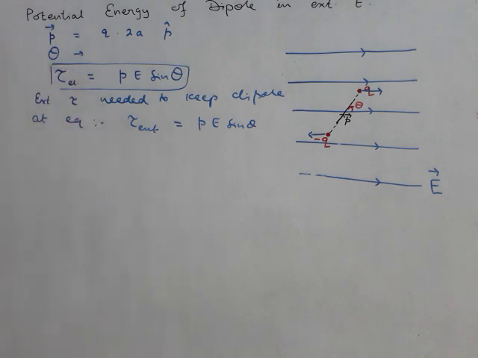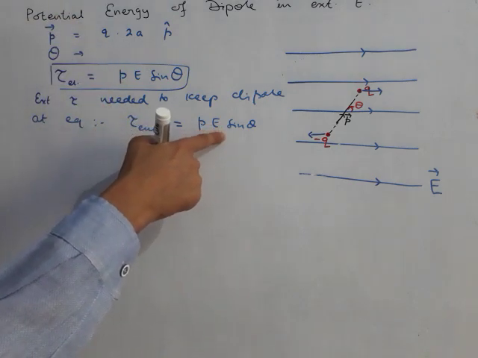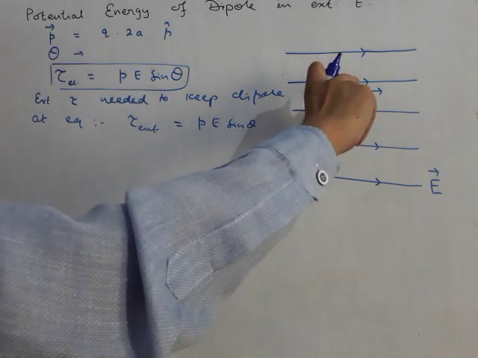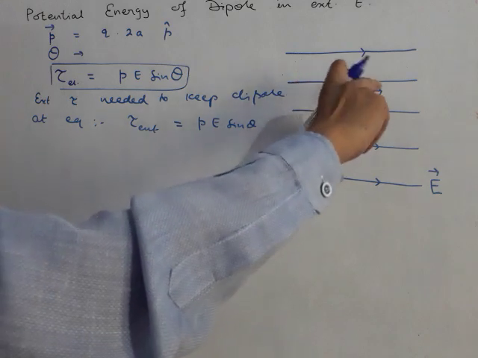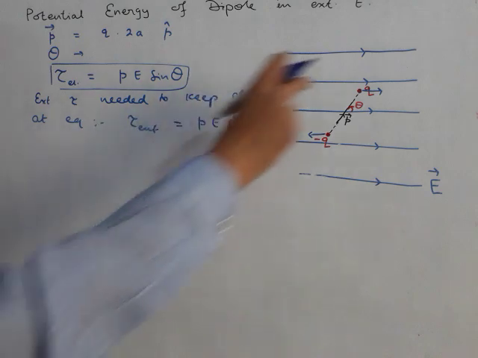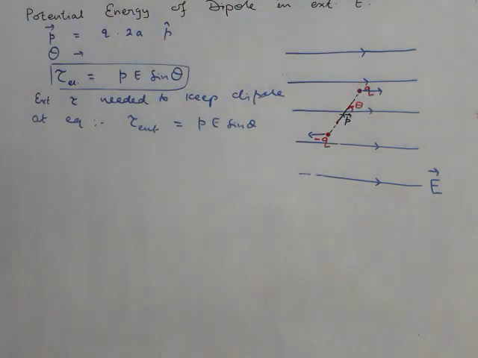Their signs are opposite, but I am not putting vector sign here, so I am not putting the plus and minus signs. So external torque will have same value, but its sense will be opposite. So electrical torque, if it tries to turn this dipole in clockwise sense like this, the external torque will be needed in anti-clockwise sense. If both of them are applied, it will be at equilibrium.